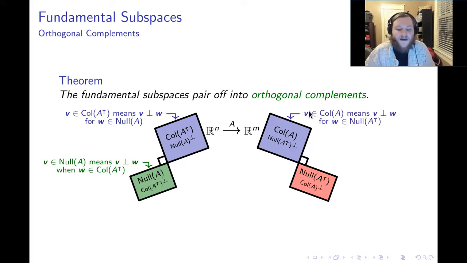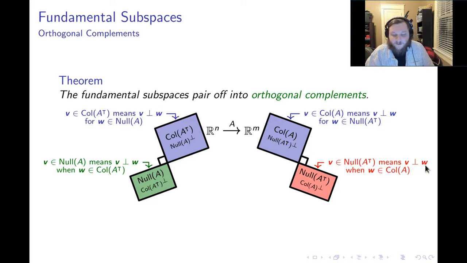Again, when we say that a vector is in the column space, what this means is that vector is orthogonal to every vector w in the left null space. And when we say that the left null space is the column space of A raised to the perp sign, what this means is that saying v is in the left null space is the same thing as saying that v is orthogonal to every vector in the column space.